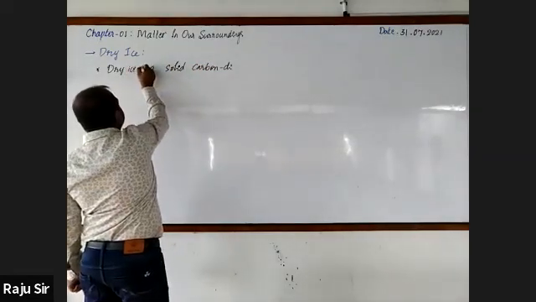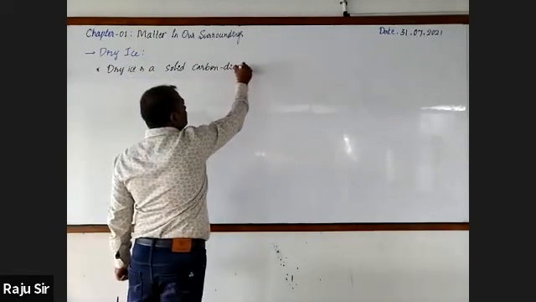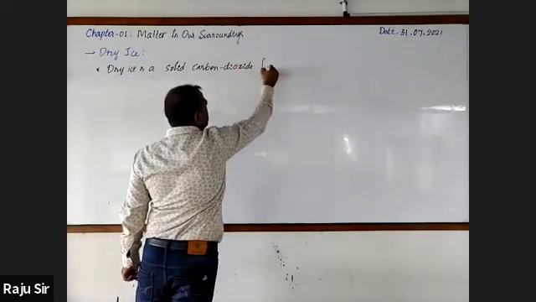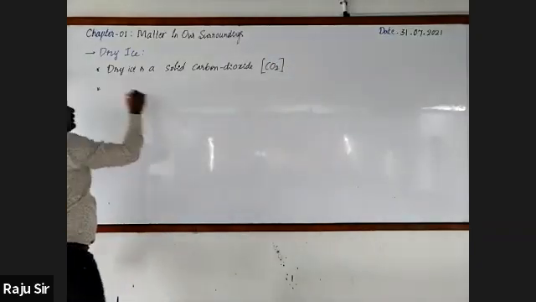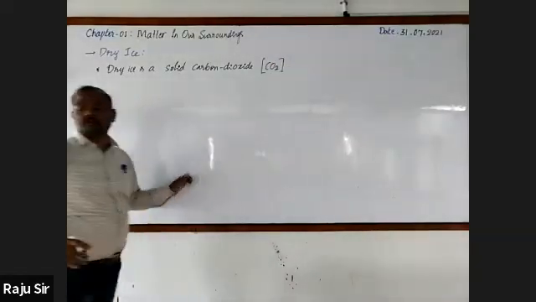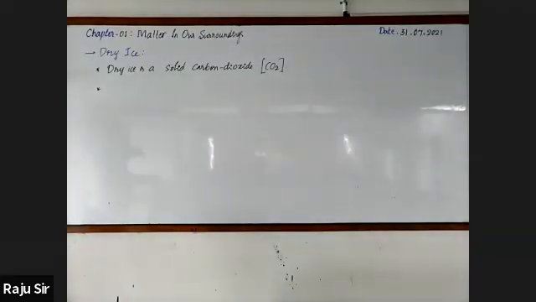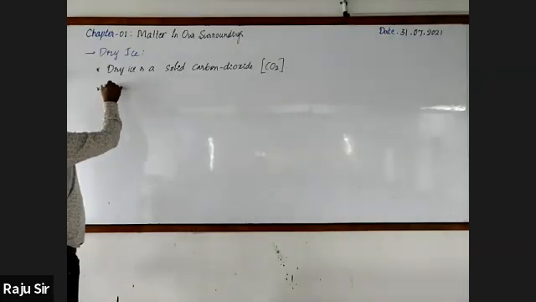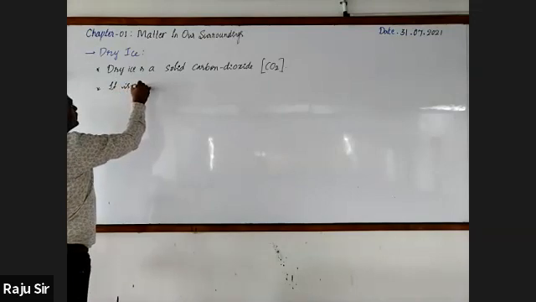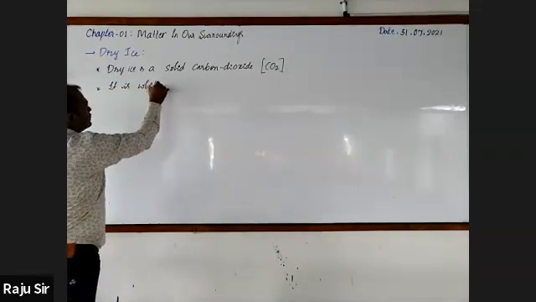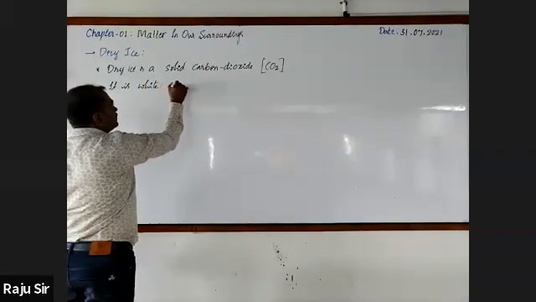Dry ice is a solid carbon dioxide. In bracket you write CO2. What is its color? White, sir. It is a white solid substance.